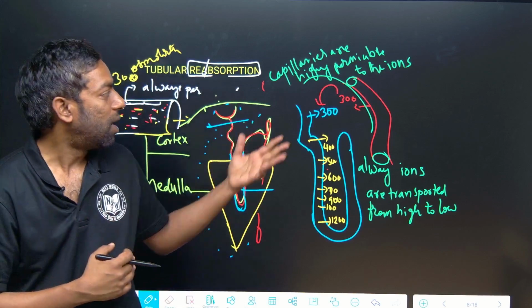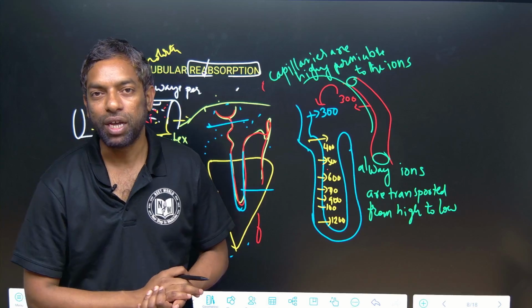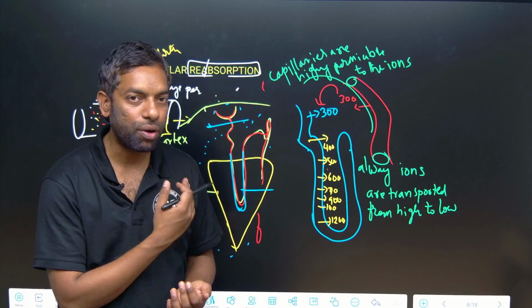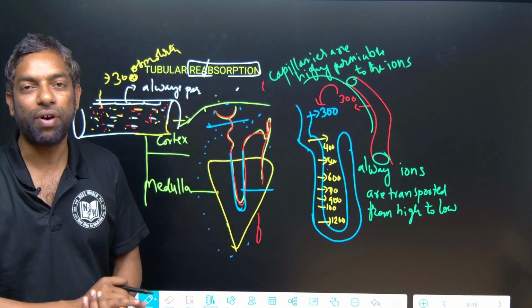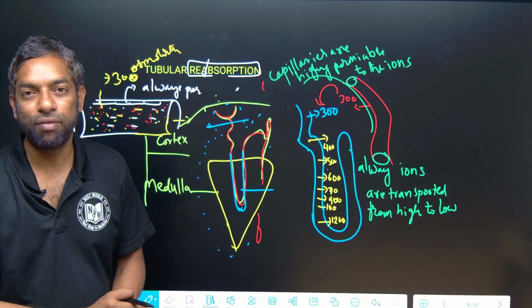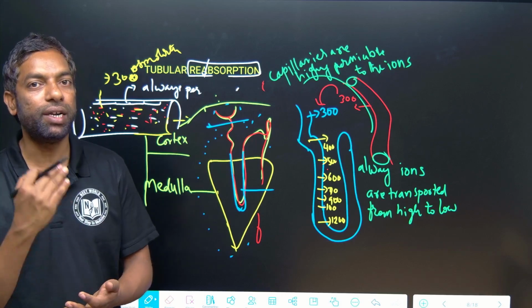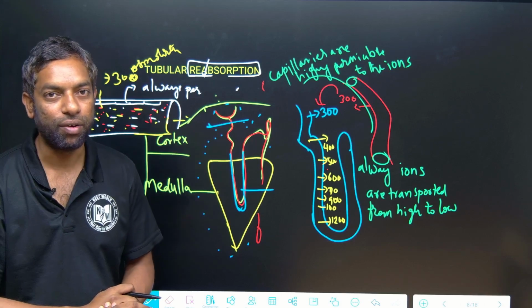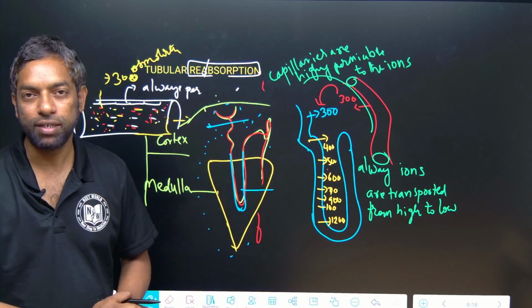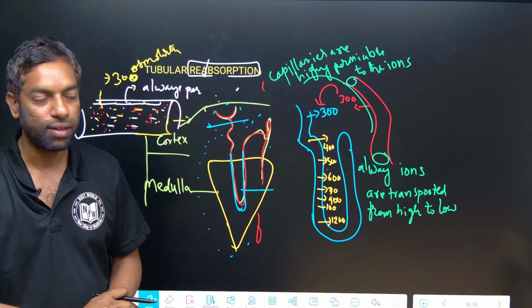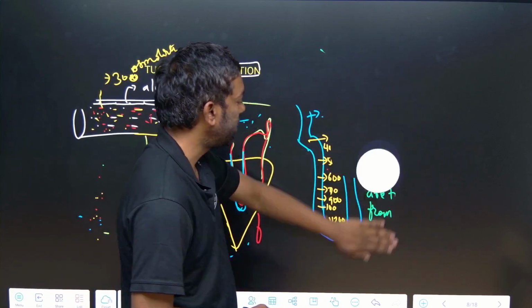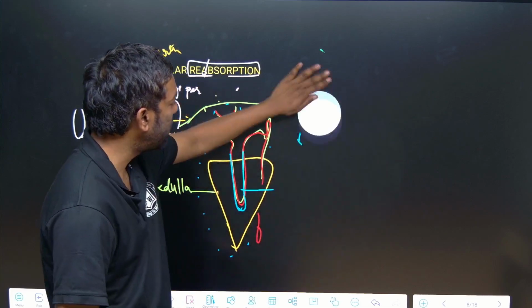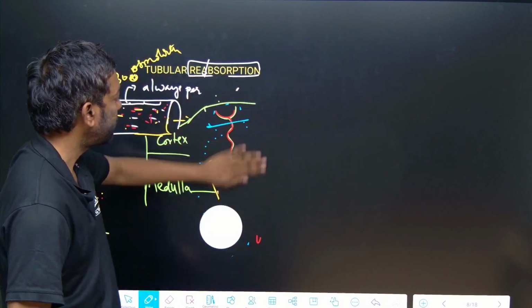Where the ions are low and where the interstitial fluid is high, between the two different regions they can exchange.